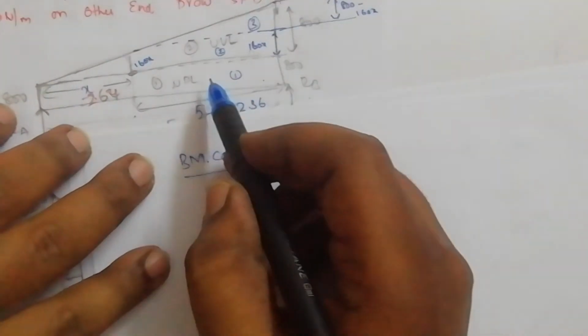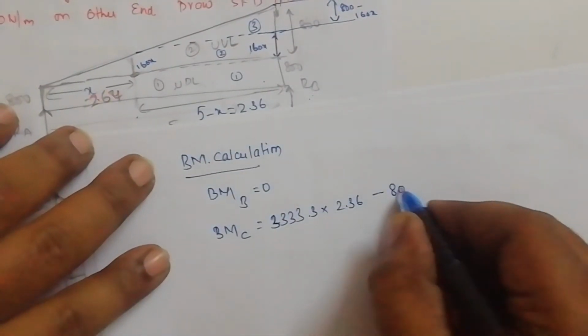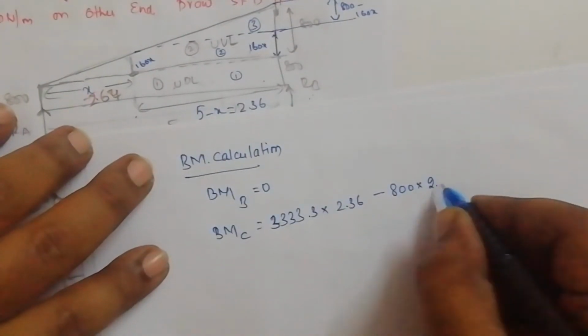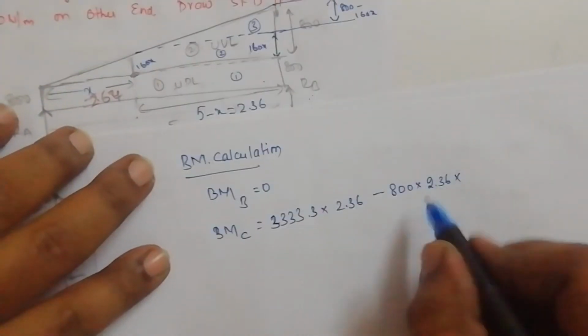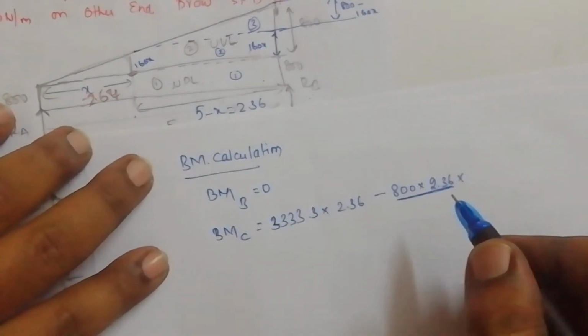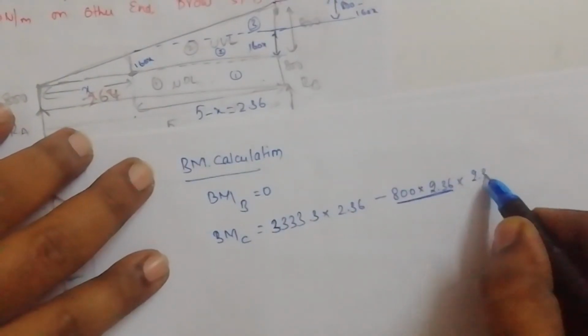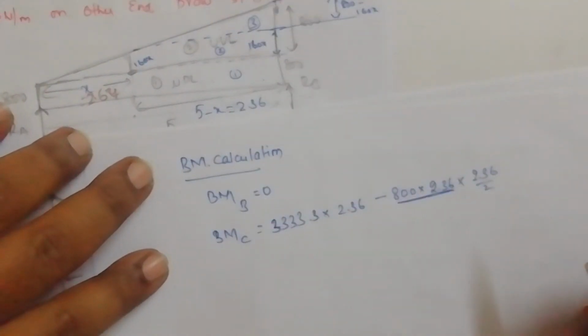So here we are having again UDL 1, 2, 3. So UDL 1 first, 800 into what is the distance? 2.36 into, why this 2.36? Because this will give you the load, into what is the CG, for 2.36 it is nothing but 2.36 divided by 2.